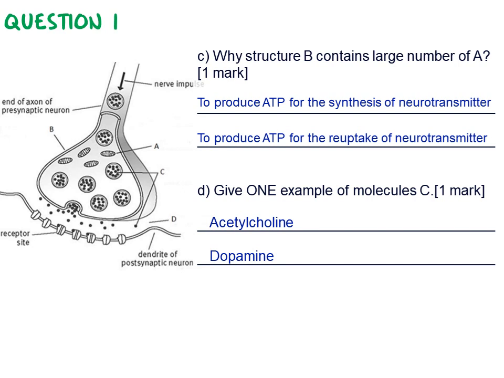Tapi they ask for one example sahaja. Jadi kalau you give two like this, make sure both are correct. Okay. Why? Because if one is incorrect, it will cancel the one mark. Okay. Kalau yang acetylcholine betul, tiba-tiba jawapan nombor 2 contoh yang salah, markah untuk acetylcholine yang satu markah tadi, dia akan terbatal.